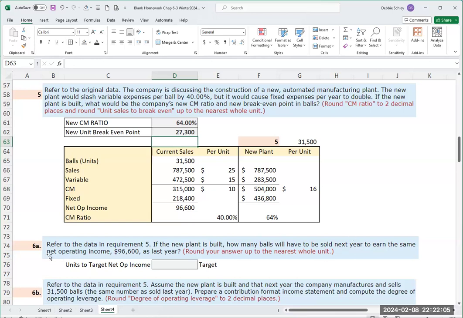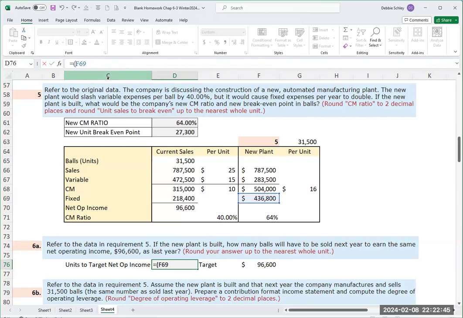even. Okay, 6A. Refer to the data in requirement 5. Okay, so this data here. If the new plant is built, how many balls will have to be sold next year to earn the same net operating income of 96,600 as last year? So my target profit is 96,600. And again, to get the units for the target profit, you're going to take, oh, I forgot my parentheses.